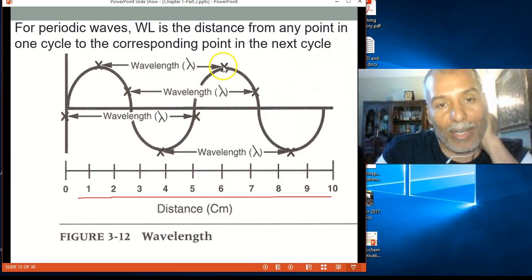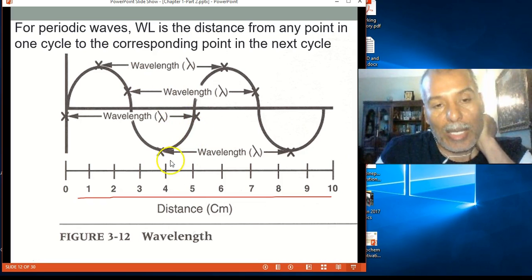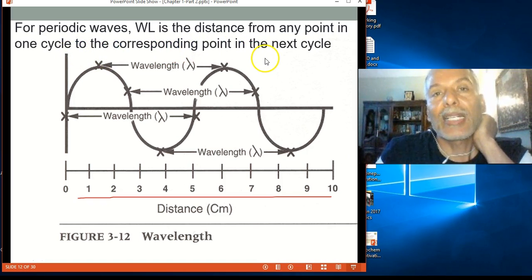If you cut the string from here to here and put it there, and then get that string from here to here and put them next to each other, they will be perfectly the same length. So a wavelength is the distance from any point in one cycle to the corresponding point in the next cycle.